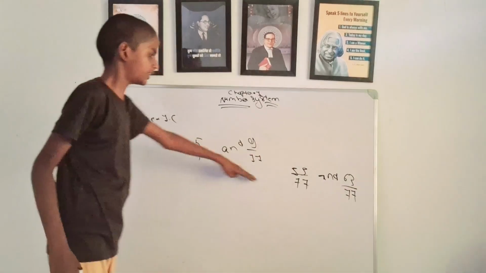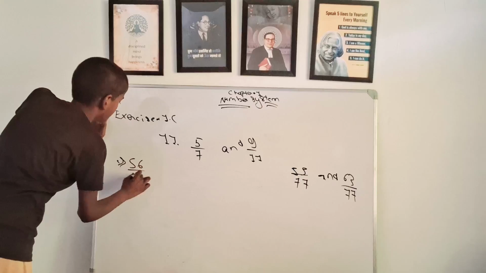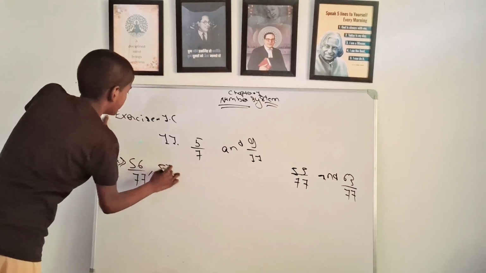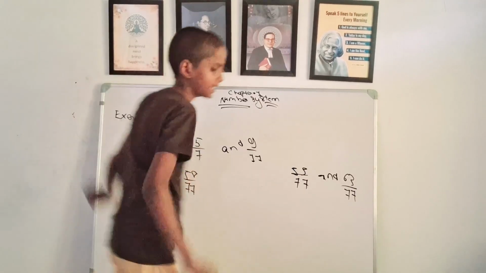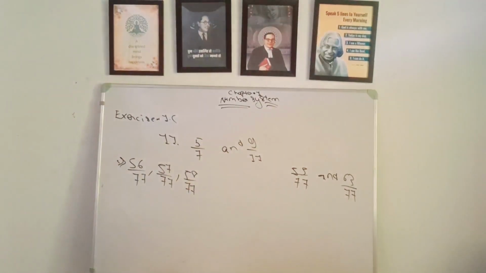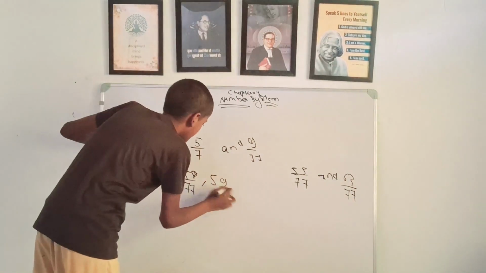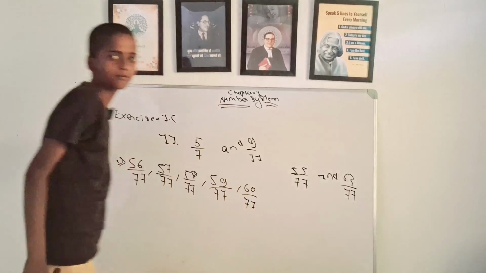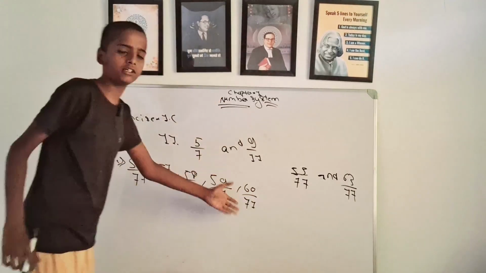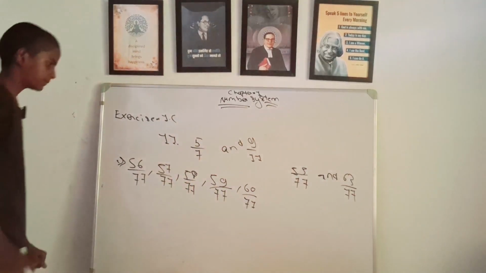We can write them in this form. The rational numbers between them are 56 by 77, 57 by 77, 58 by 77, 59 by 77, 60 by 77, and so on.